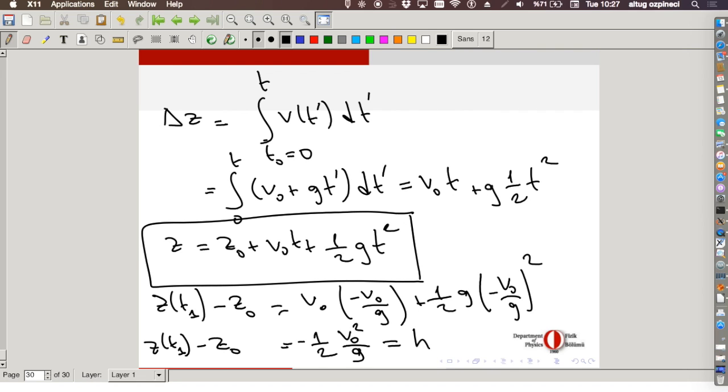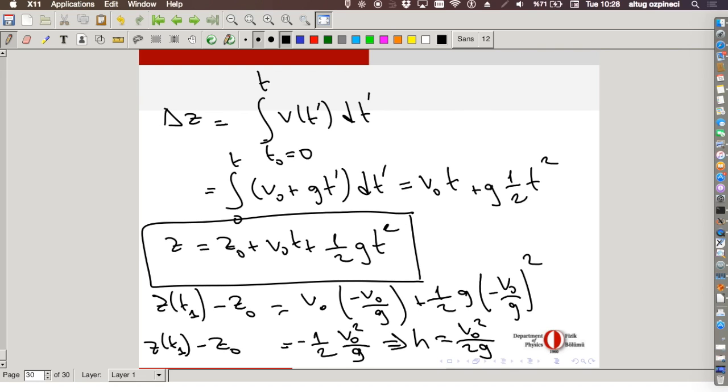Although v0 can be negative, v0 squared is always positive, and g is always positive, so with this minus sign, this number is always negative. So does a height of minus 5 meters make sense? Height, you always take the absolute value. The height is v0 squared over 2g.